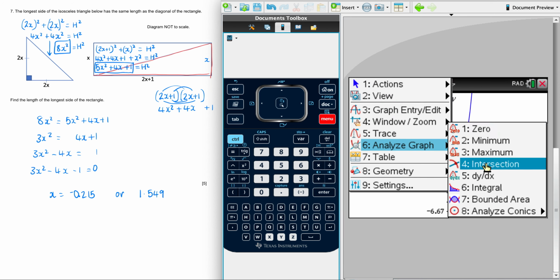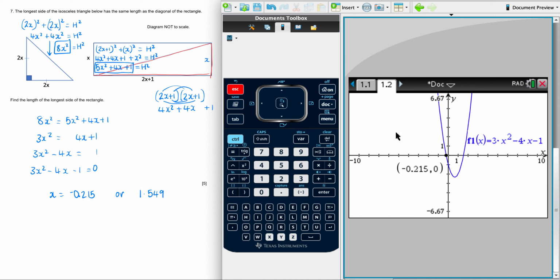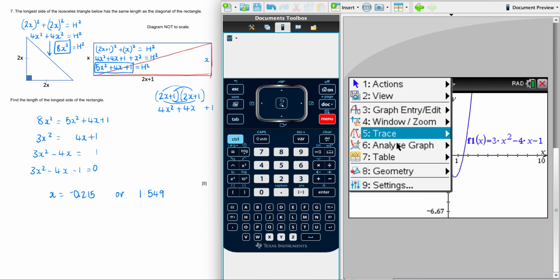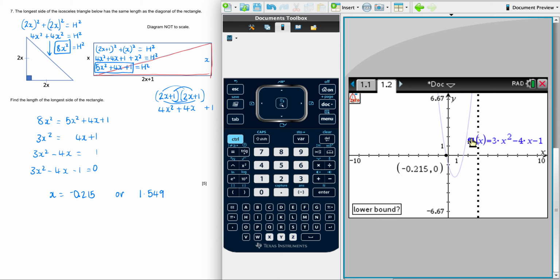It doesn't matter which method you prefer to use, so long as you're using one of those methods in the exam, that's fine. If you're graphing it, just make sure that in the exam you show that sketch. You can show the sketch and where those values are, which is even better because it gives you your working out as well.